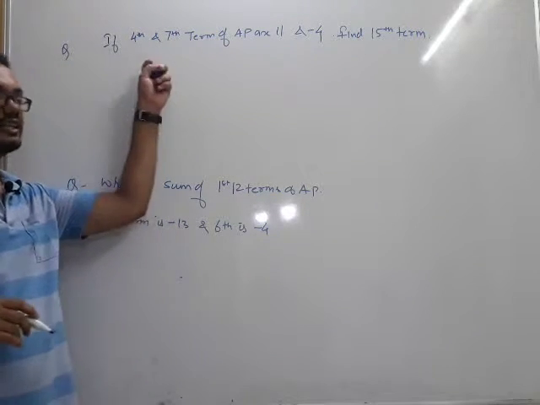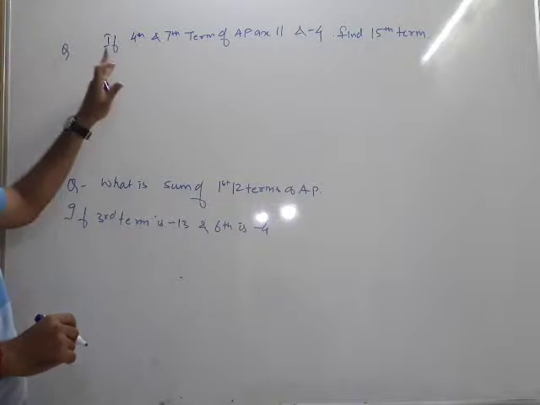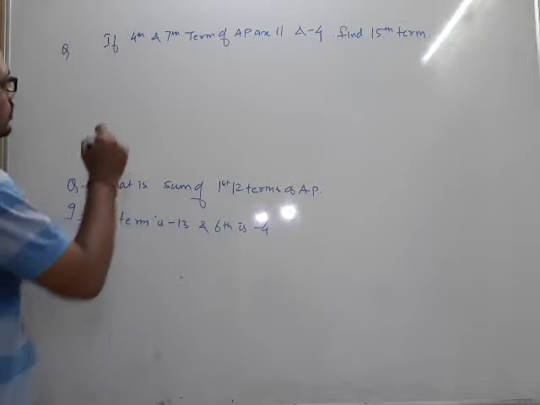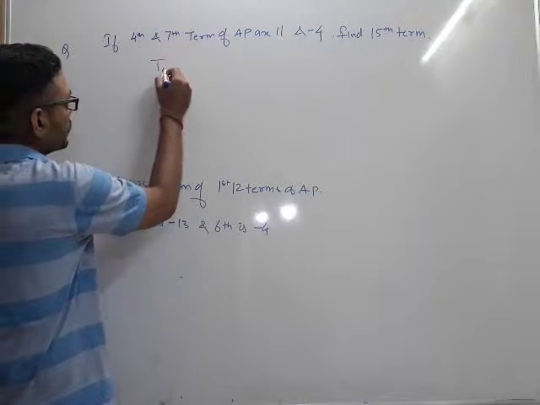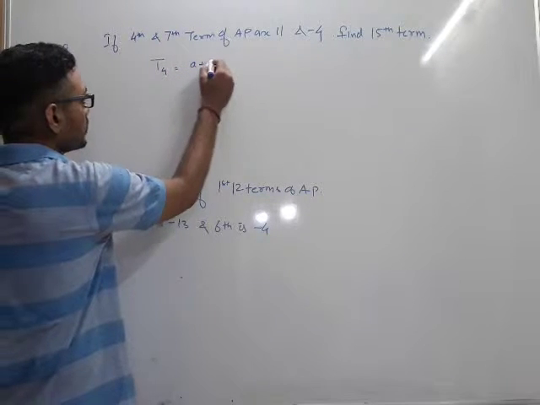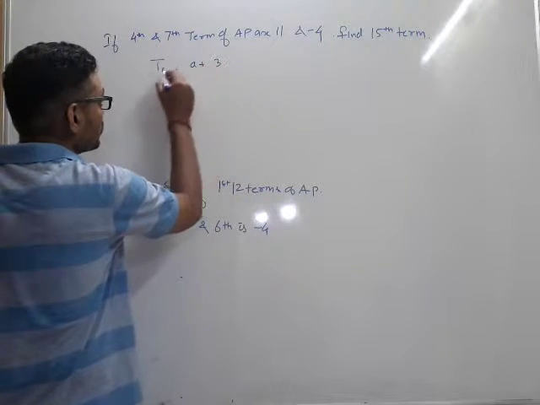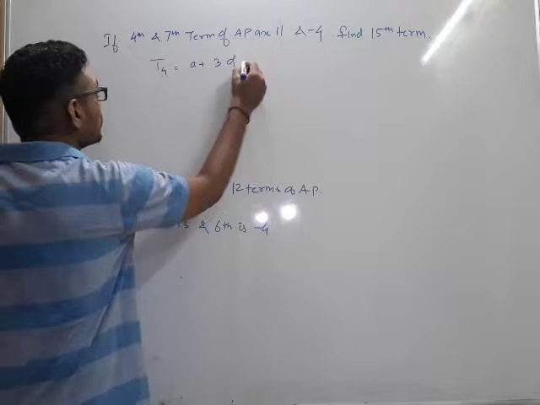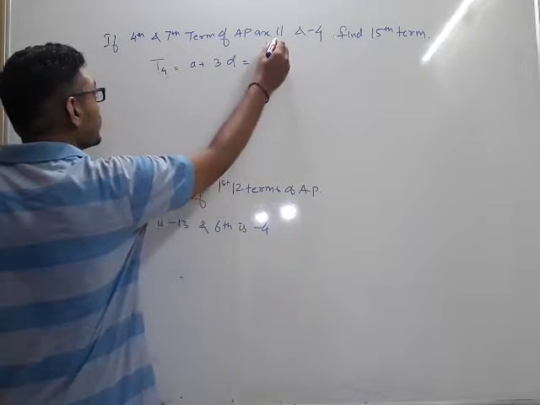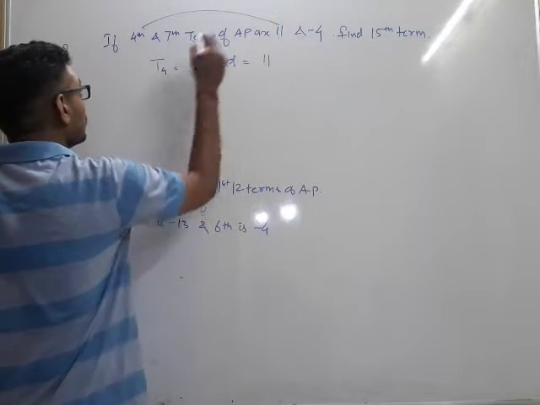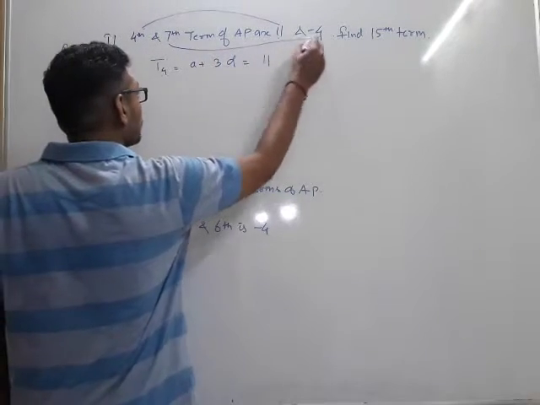Kindly pay your complete attention to this. Fourth term, T4, a plus n minus 1, 4 minus 1, into d, is given as 11. 7th is given as minus 4.